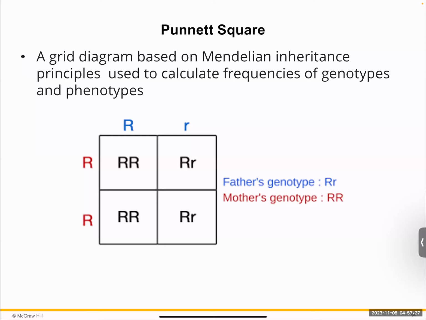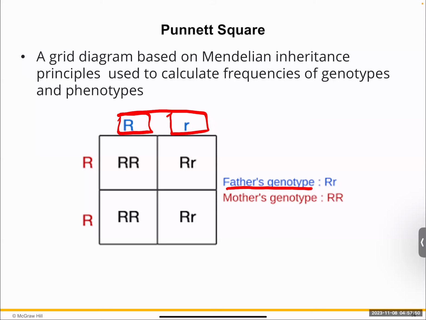So in this example, the paternal genotype, or father's genotype, is depicted on the top. So we place them on the top of our little square. And then the maternal genotype will be placed on the y-axis of our little Punnett square.